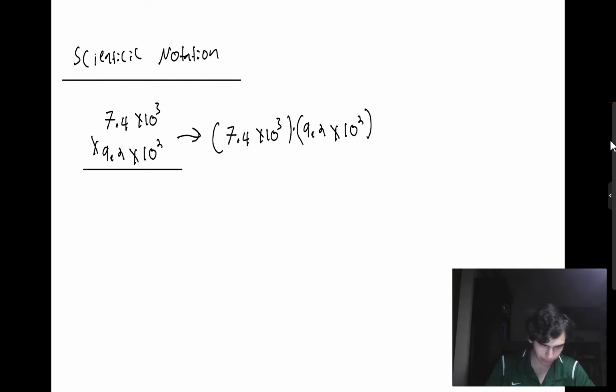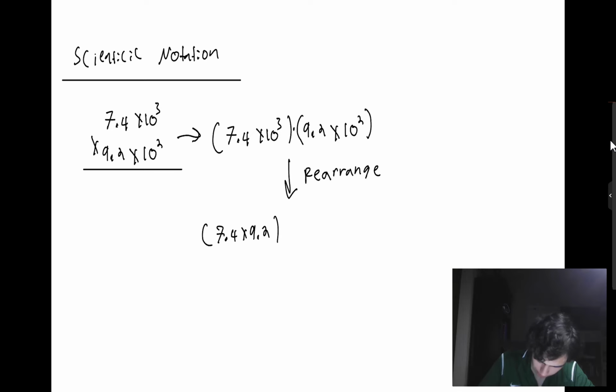So the first step is to rearrange it: 7.4 times 9.2, times 10 to the 3 times 10 to the 2.